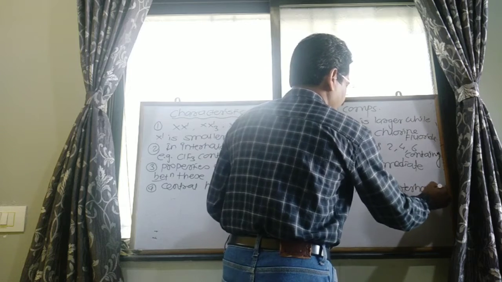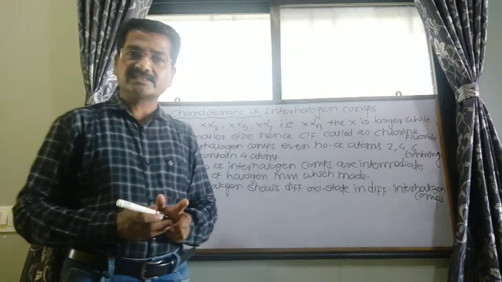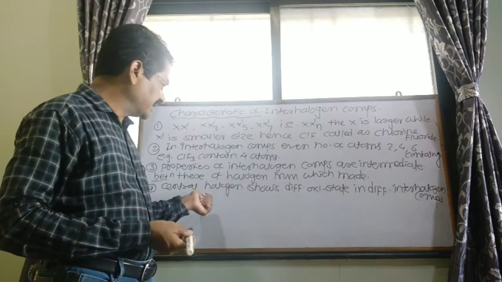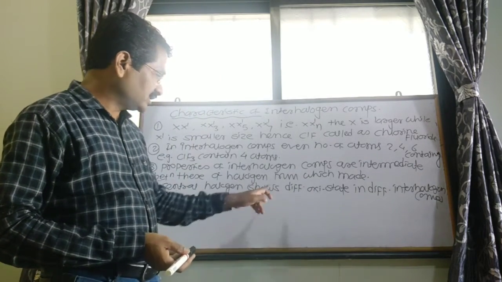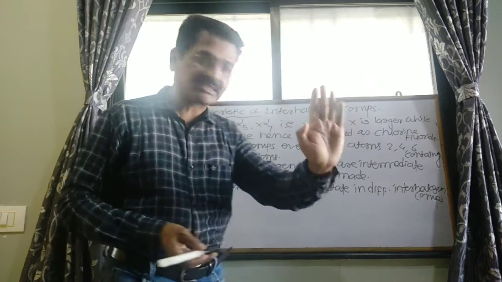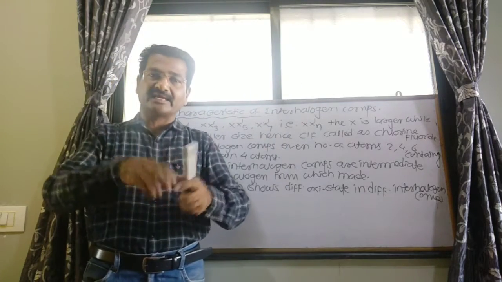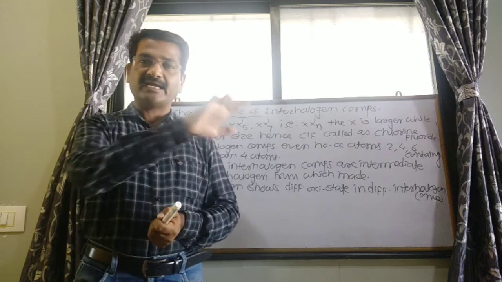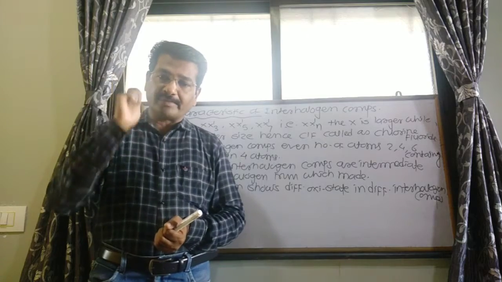See again this characteristic: in interhalogen compounds, the central halogen shows a different oxidation state in different compounds. We can take a number of interhalogen compounds in which the central halogen atom shows different properties.